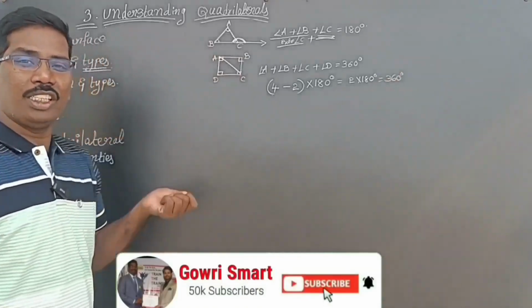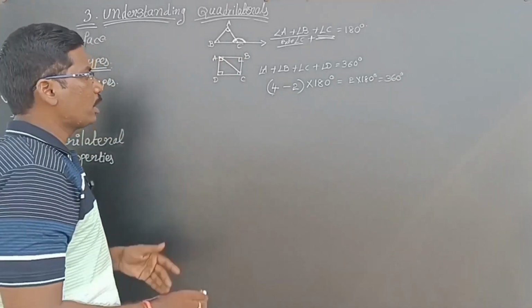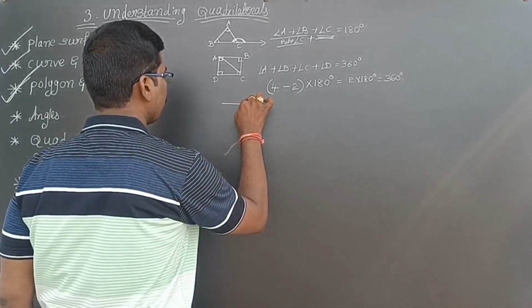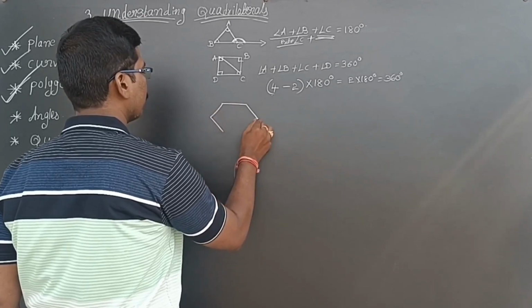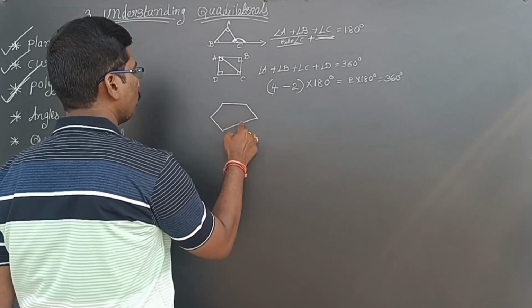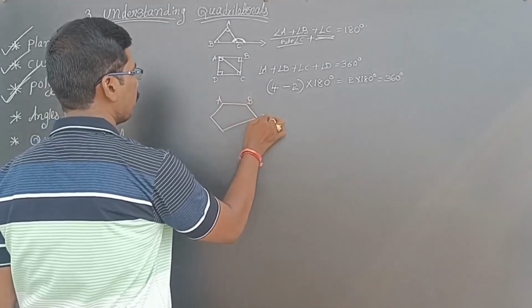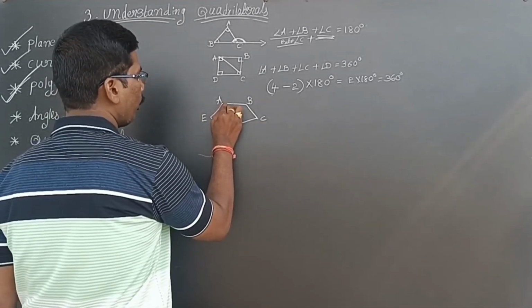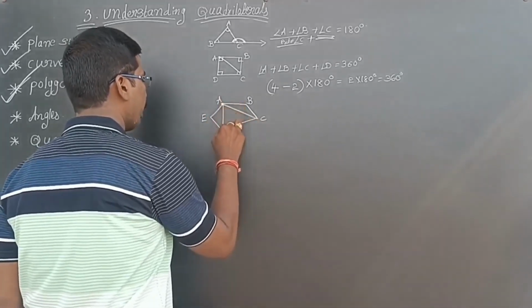So like that we can get. That is the common point, a common concept. Now we'll draw a pentagon. One, two, three, four, 5. So this is A, B, C, D, E. Using only vertex A, I can draw the AC diagonal and the AD diagonal.